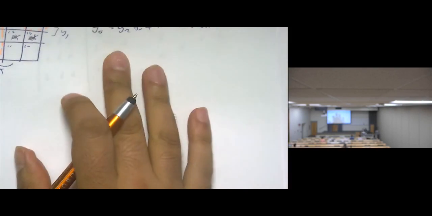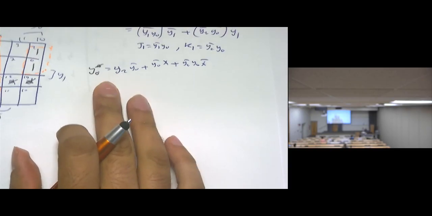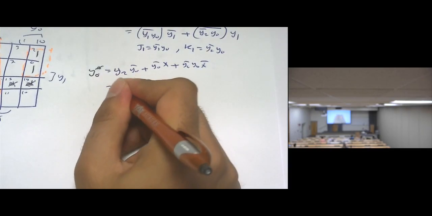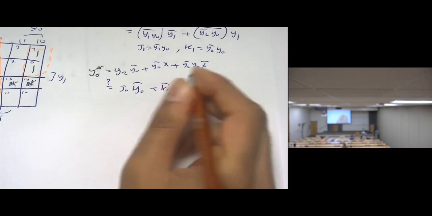The last one, how to make this simplification. We need to make it again a JK flip-flop. How can I make it J0 y0 bar plus K0 bar y0?